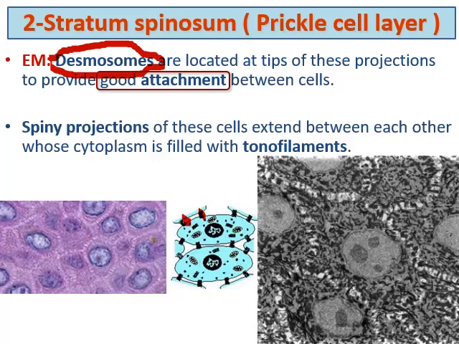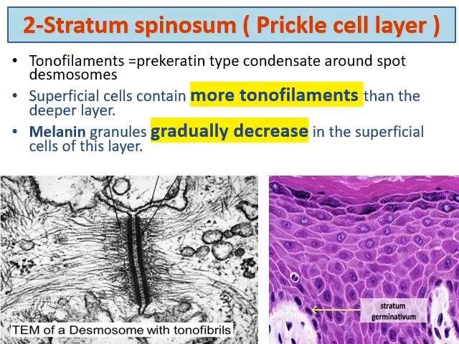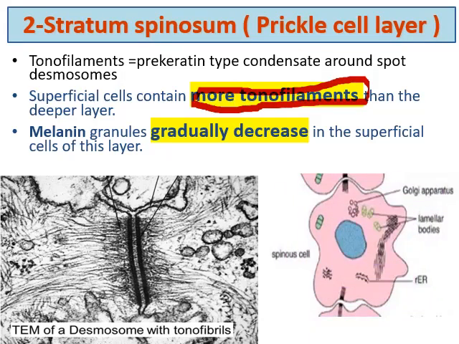As we said, skin is on the outer surface and is subjected severely to friction. As a general rule, as we go superficially in the layers of the epidermis, there is more tonofilament or keratin filament, and as we go superficially, melanin granules decrease. So the melanin decreases and the tonofilament or keratin filament increases.